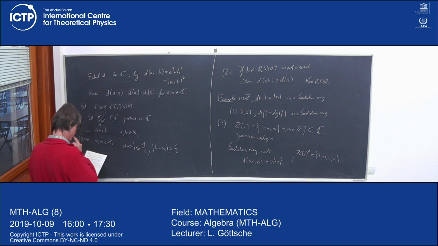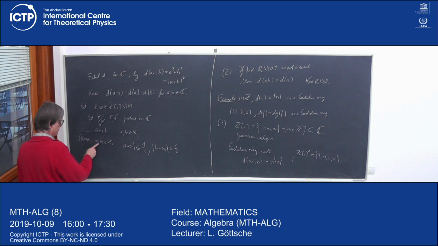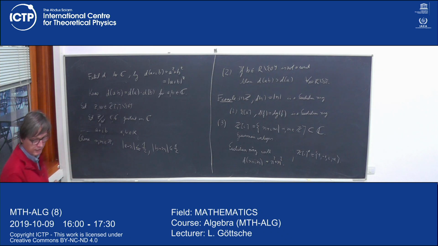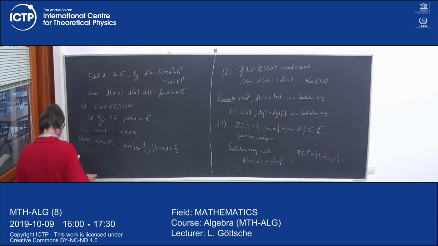And so we want to take n plus im to be the quotient, and we want to see that the rest is not too big. So let's see. How far are we away from the quotient?